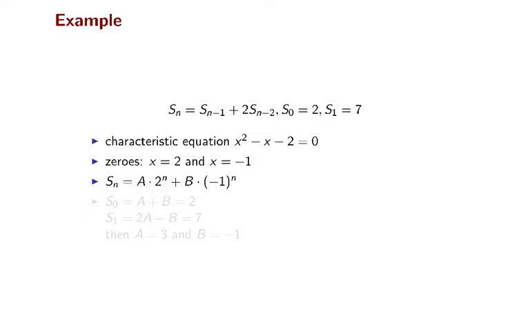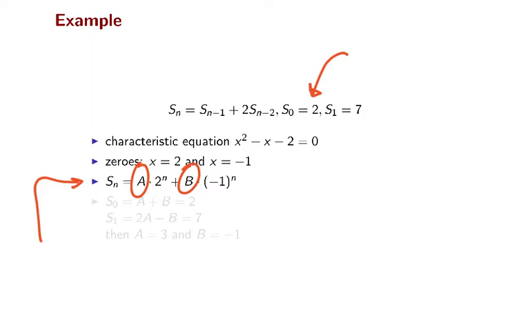This is the generic form of Sn in function of these unknowns a and b. So in the next step we need to calculate how much a and b are by using the initial conditions. We calculate S0 using this formula, and you make it equal to 2. That will be your first equation.